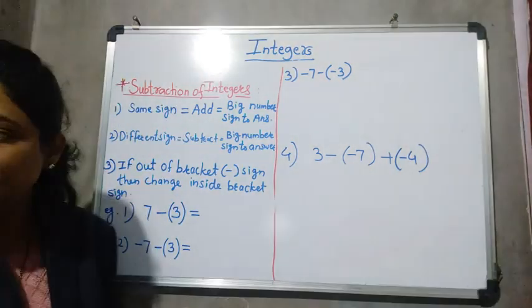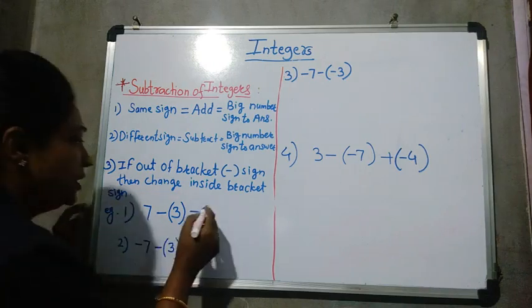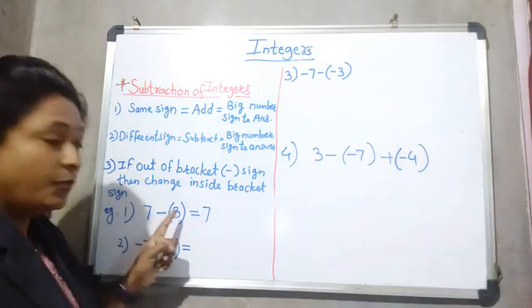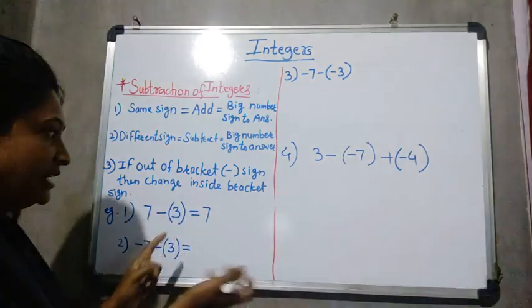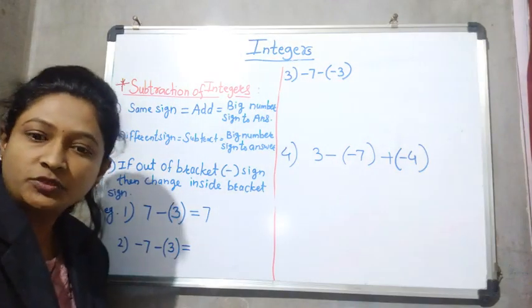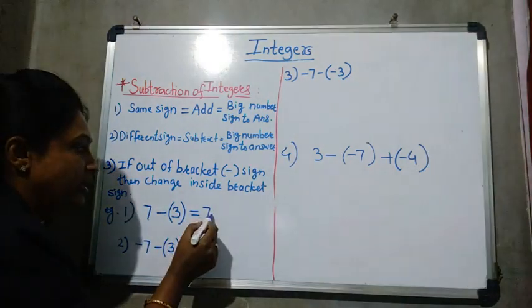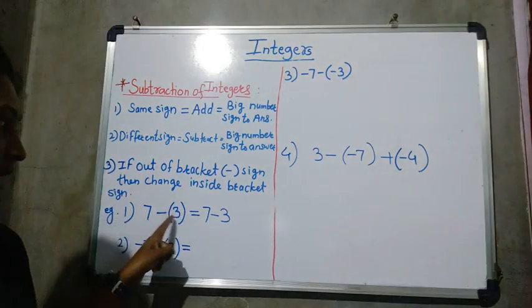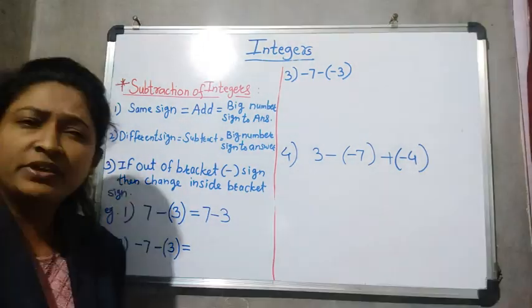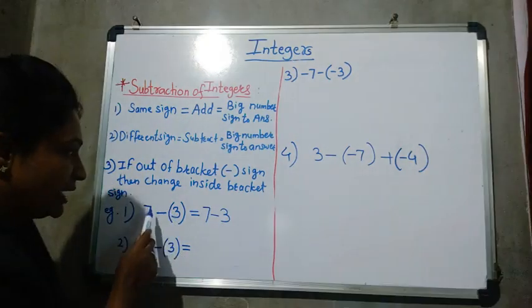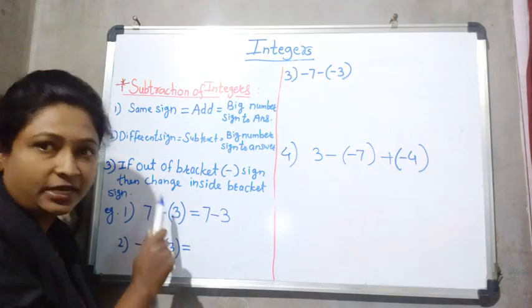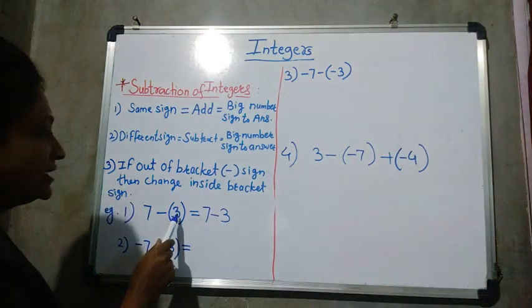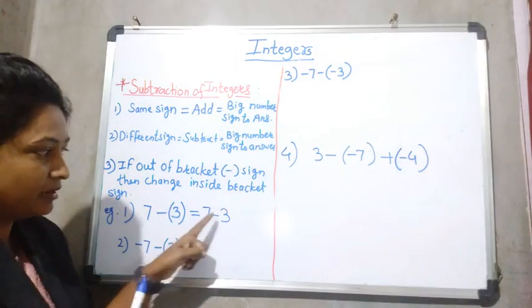Now 7, and positive 3. There is no sign inside the bracket, so it is positive 3. It will become negative 3, because the outside bracket has a minus sign. Always remember, whenever there is a minus sign outside the bracket, change the inside bracket sign. So plus 3 will become minus 3.